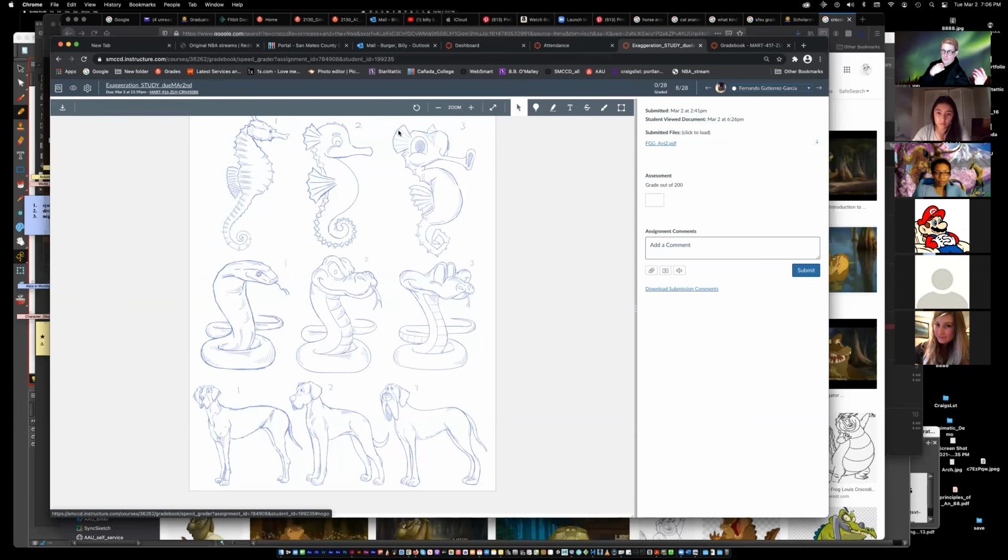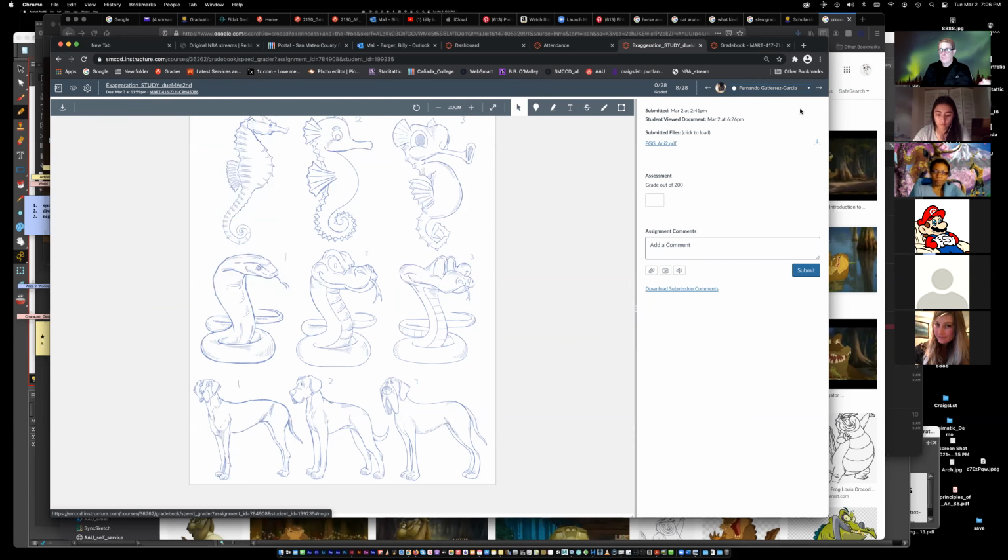Did you start with a solid curved line of action? Is the line of action a single curve or is it a compound curve? I don't think we need to do that here just because the drawings are good. Thank you, Fernando. And I don't need to draw over this. This is great.